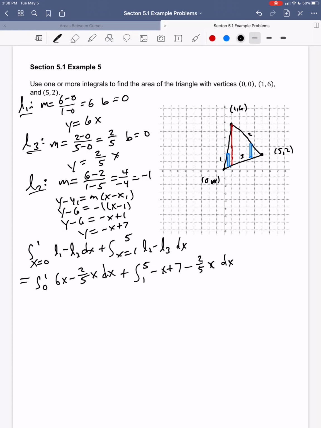Okay, so I increase the exponent by 1 and divide by the new exponent.